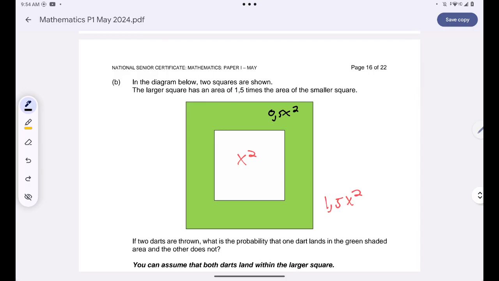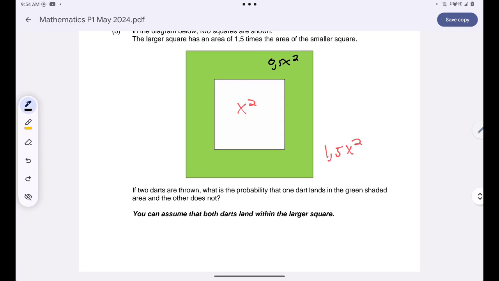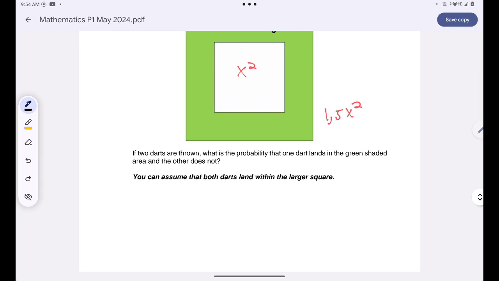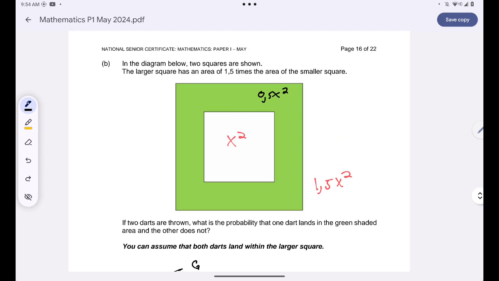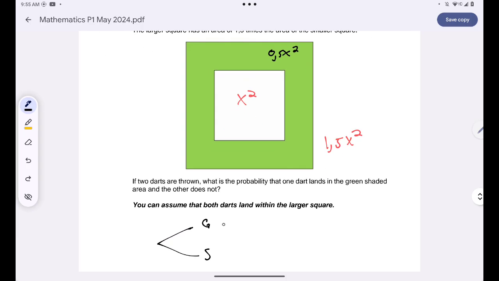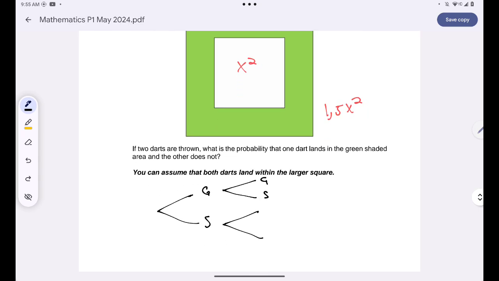If two of them are thrown, the first dart here can land on the green shaded area or in the smaller square. Are you together? And then the second dart can also land in the green area or the smaller square. Same thing applies, green or not.